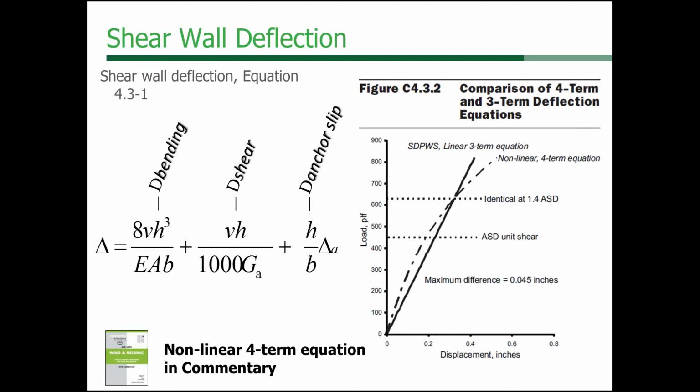And the difference between the 2 equations further on down is only about 1/16 of an inch, which is really very minor given the whole scheme of things related to wood structural panel shear walls and the construction type. So the important part is that at strength level forces, they are totally equal.